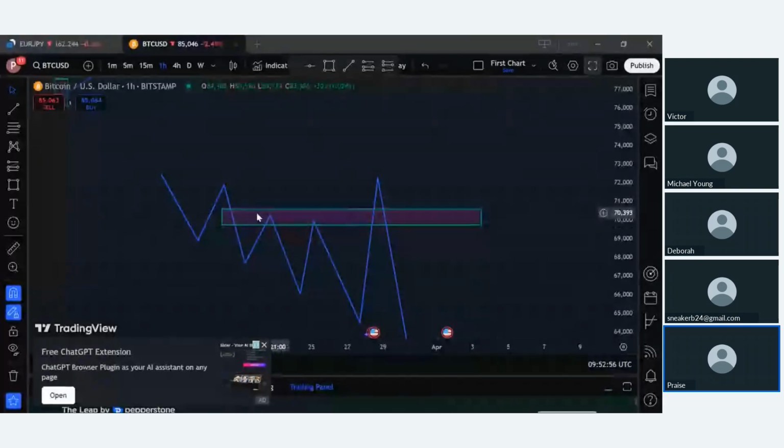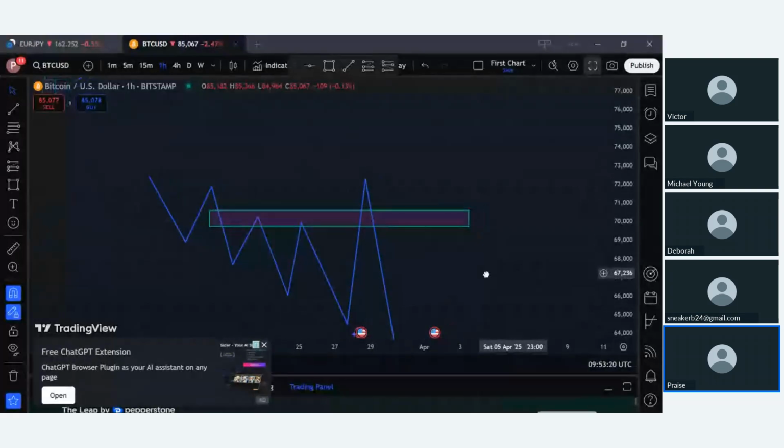So it will cause it to break this zone. When it breaks out from this zone, it's going to clean all these stop losses, because many people have taken entry in this support resistance zone and their stop loss is just above the zone. The market is going to look for that supply area, go upward, clean all the stops that are here, tap on that supply zone and start dropping.